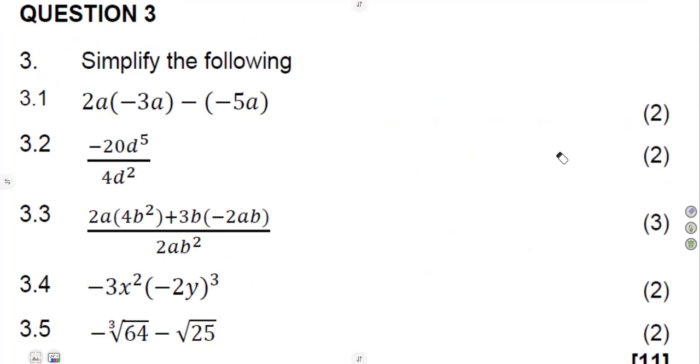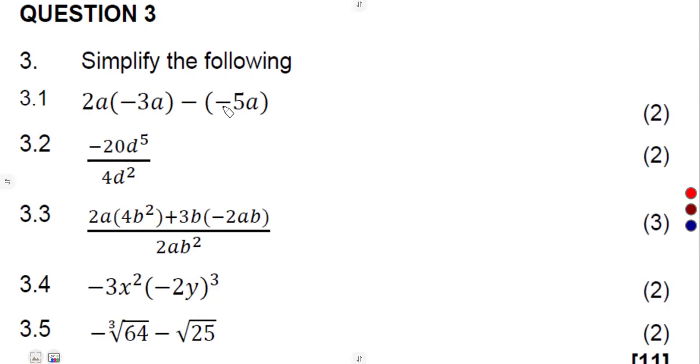These are the typical questions. Question number 3, you can have such typical questions in your March examinations. These are integers used under the application of our algebra. So it is part and parcel of your integers.